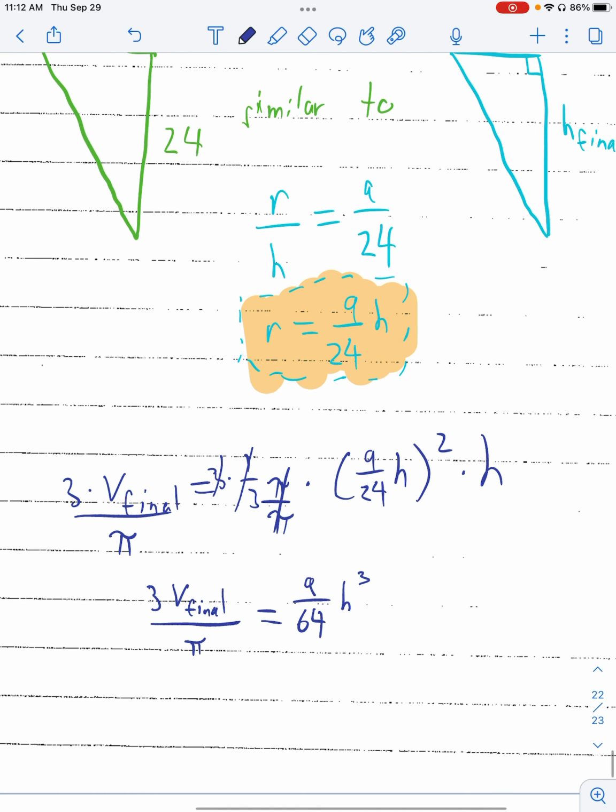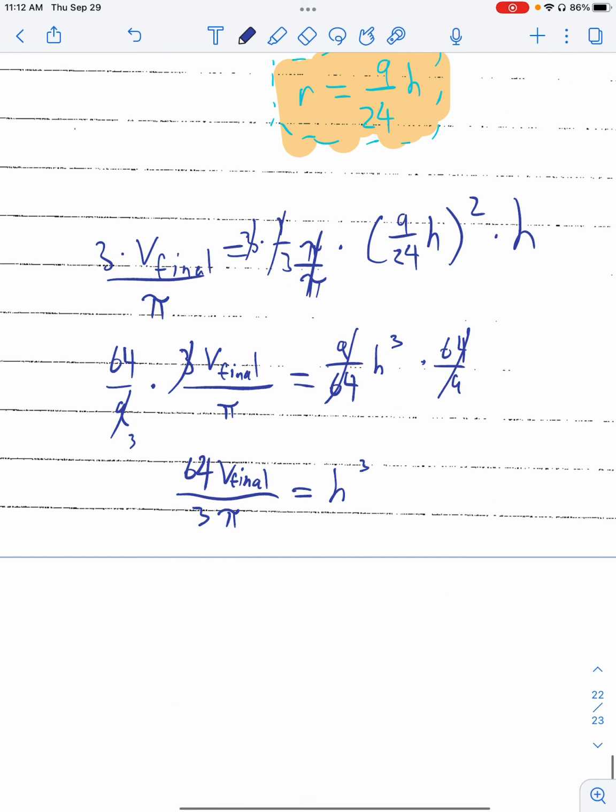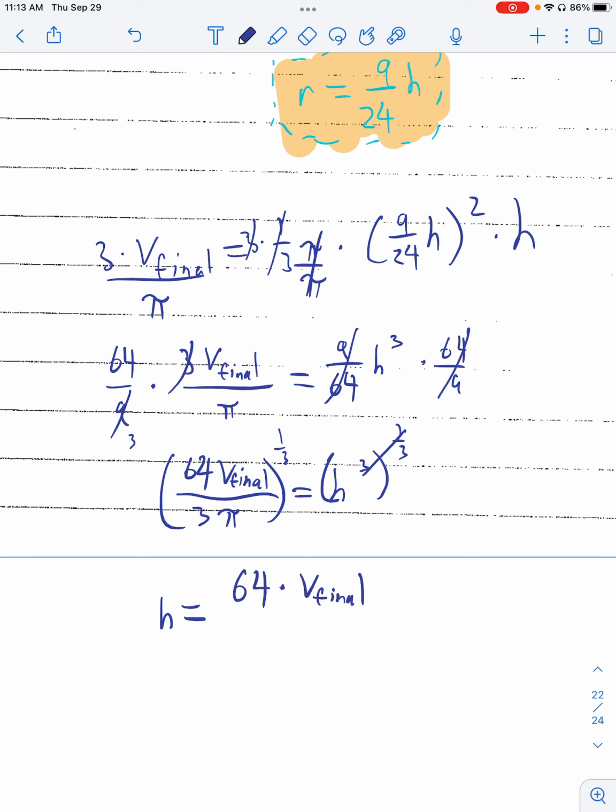Let's multiply by 64 over 9 on both sides. This simplifies to 64 V final over 3 pi equals H cubed. Then to get rid of the 3 in the exponent, I'm going to raise both sides to the 1/3. So H equals 64 times V final over 3 pi, all to the 1/3.